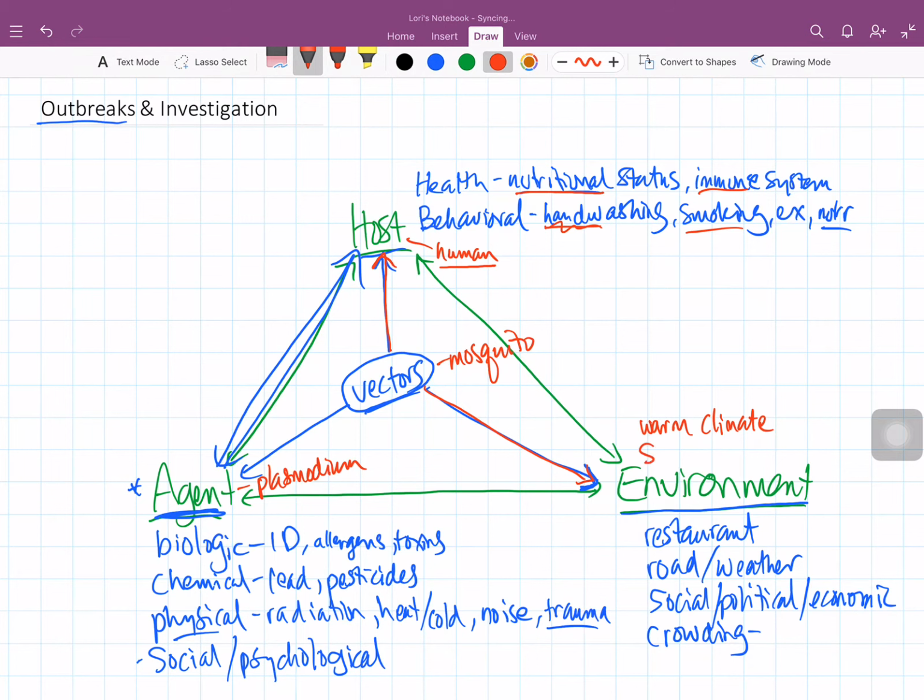There needs to be standing water where the mosquito can lay its little larvae, and so the mosquito itself can reproduce. And there needs to be this ability for the mosquito to come in contact with the host, and that's where we try to protect the host by providing bed nets or those kinds of things.